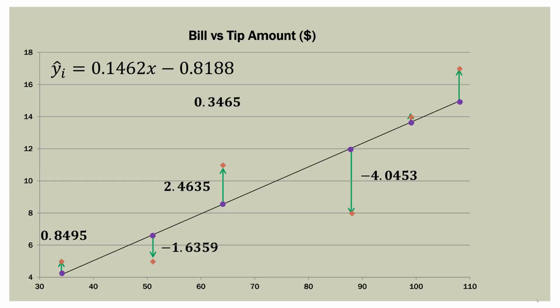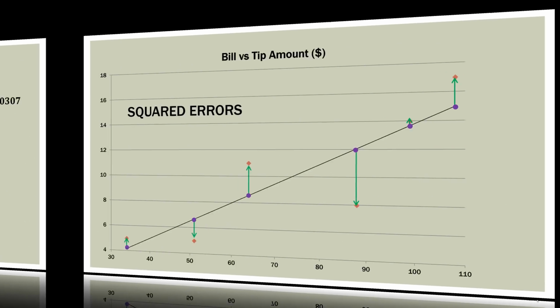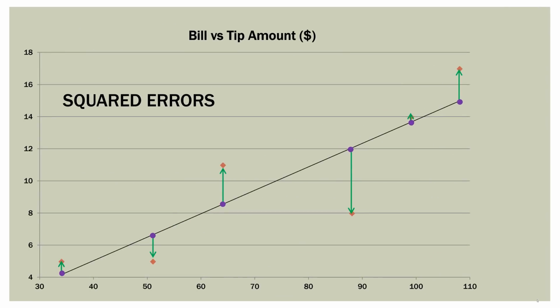So when we look at how far each one is away, again, a measure of distance, in this case dollars, this is what we get. For the third data point, the distance between what our model predicted, the purple dot, and what our actual observation was, the orange diamond, was 2.46 dollars. That is our error, or the difference between the two. So again, what we do is we take those errors and guess what?